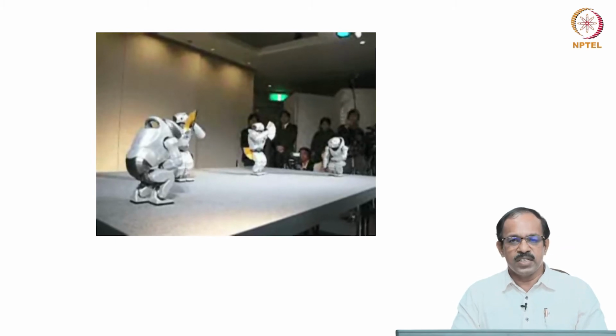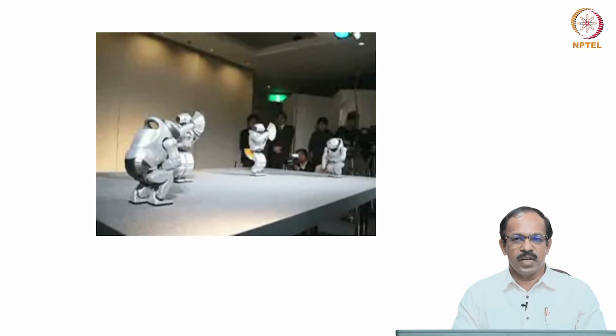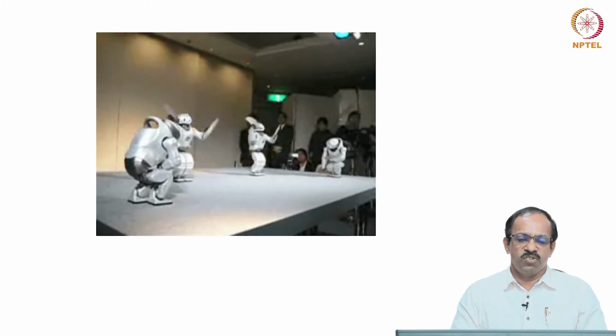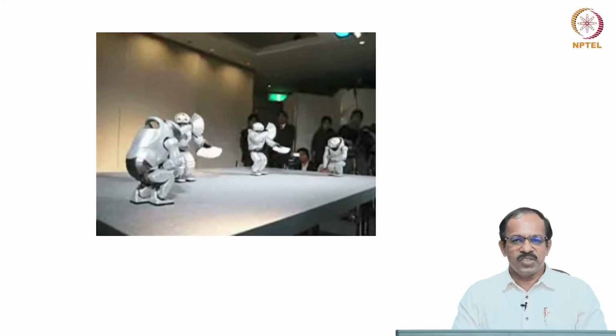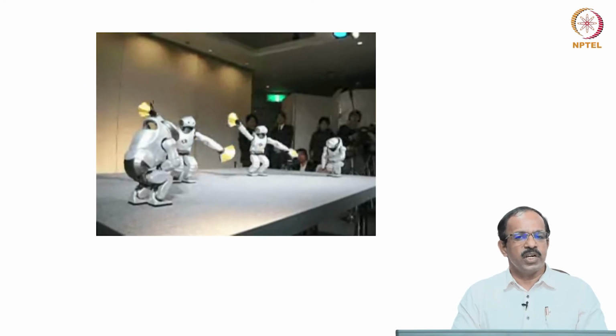So in this case, it is fully programmed. Online decision making is not there, but in case there is an online decision making needed, then the robot has to observe its surroundings, understand the surroundings, and then make decision. So all these requires sensors.